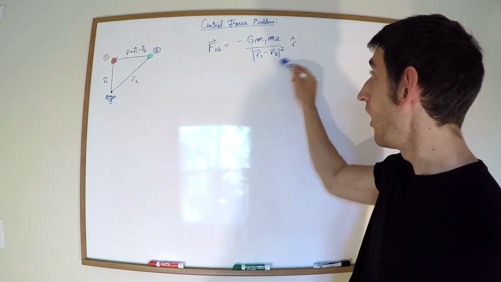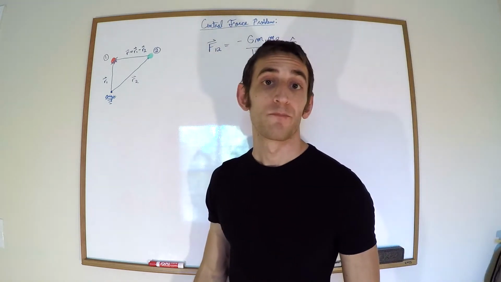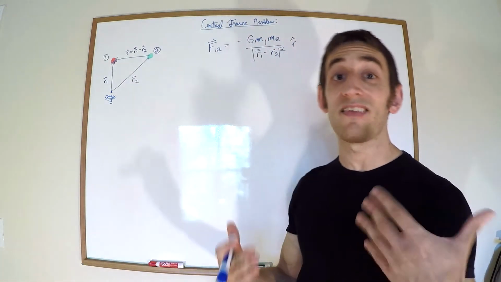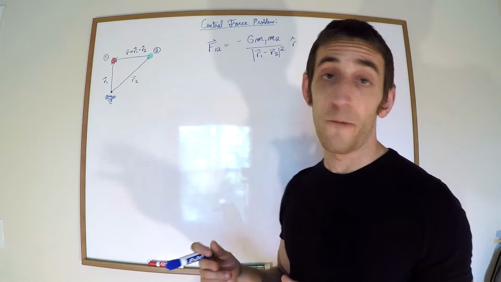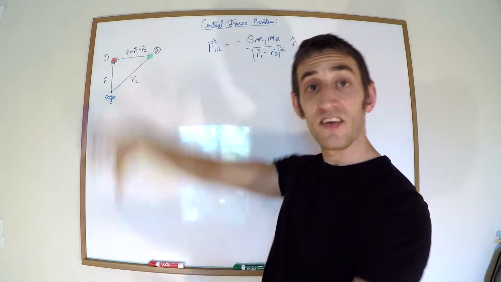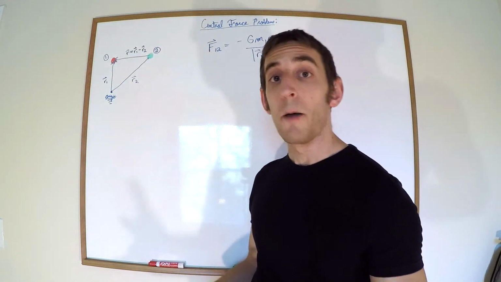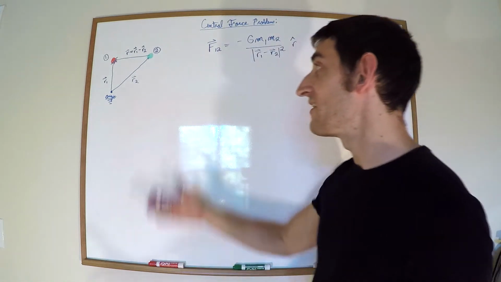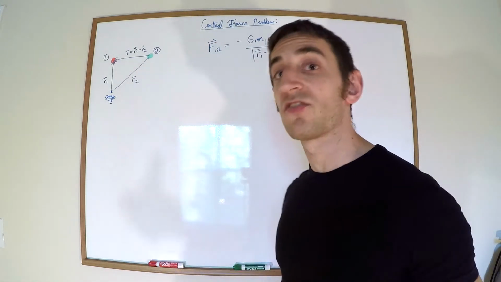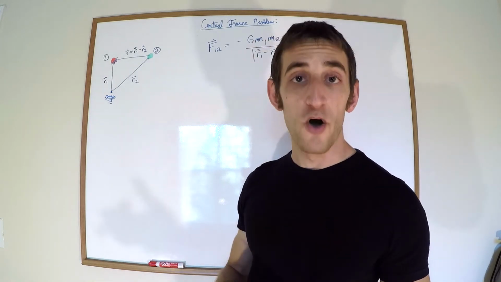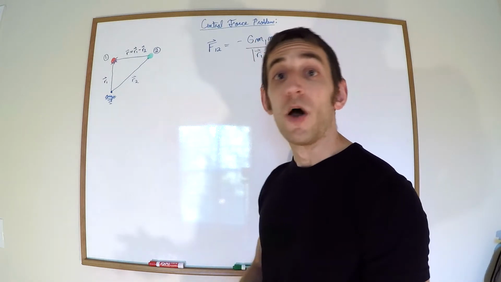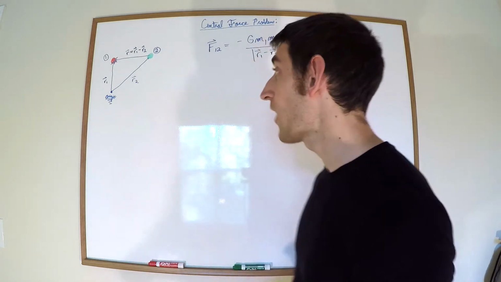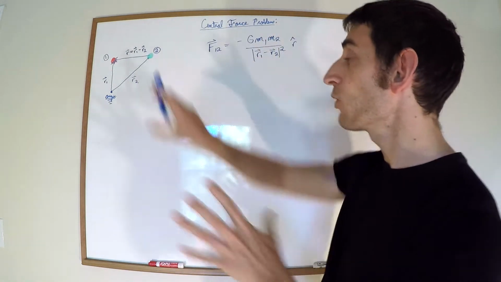You see this r squared at the bottom. So as a result, when things are far away, the force is minimal and essentially negligible. So this is going to approximate the situation we have in our galaxy, and we're going to find that it's going to do the job. It's going to help us derive the orbital motion that Kepler found. It's going to help us prove Kepler's laws and help us drive forward with the problem. Okay, so that's how we're going to set it up.